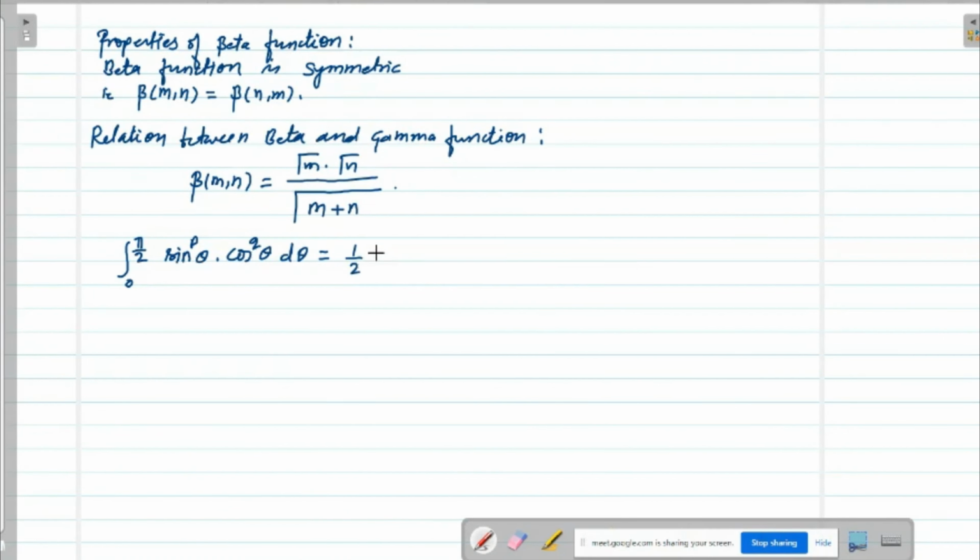This is your trigonometric formula. This is equal to 1 upon 2 beta of p plus 1 by 2 and q plus 1 by 2. You know this formula?